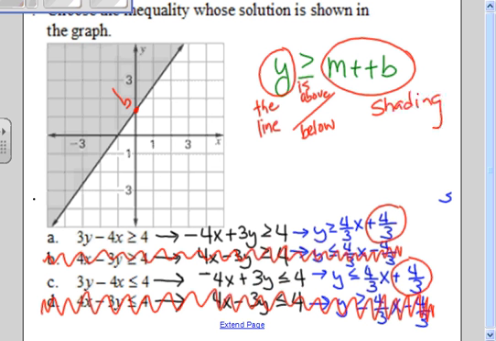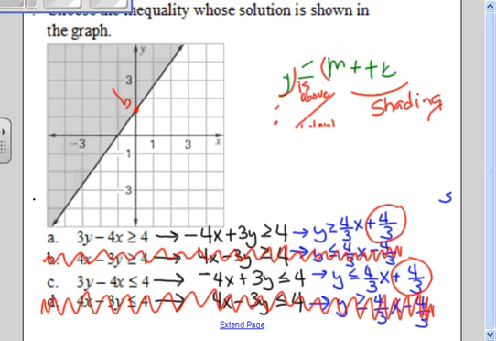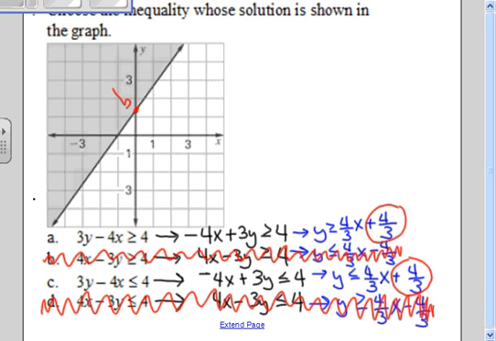So the line is greater than the shading or less than the shading. If you look at these questions, y is greater than 4/3 x plus 4/3, that's saying the line is above the shading. Is that true? No, the line is actually at the bottom of the shading in the picture. So that's not the answer. If you look at C, that says that the line is below all the shading, which is what you're seeing in there. So the answer is, in fact, C.